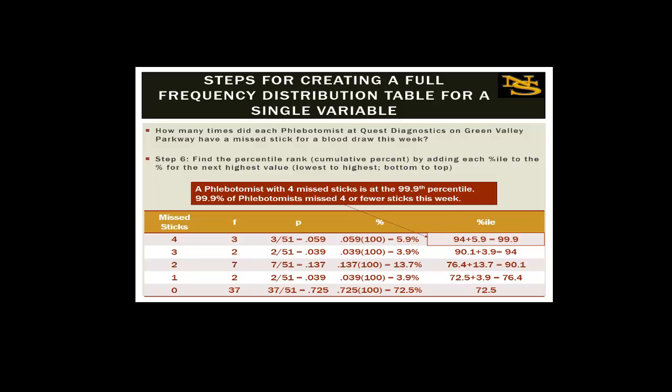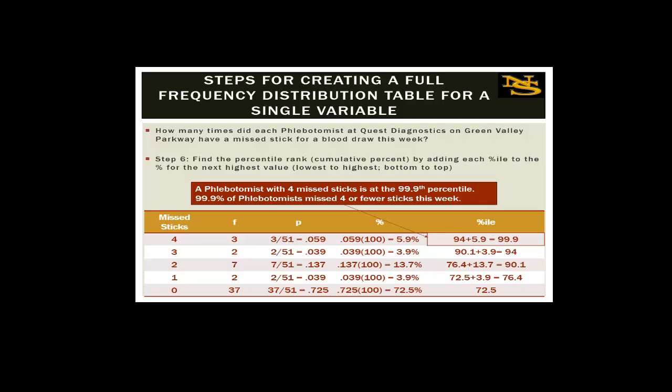Then you take that percentile and add it to the next one. You'll see here, we started with 72.5, the percentage for the lowest score, 0. Add that to the percentage for the next highest score, so 72.5 plus 3.9 gives you 76.4.